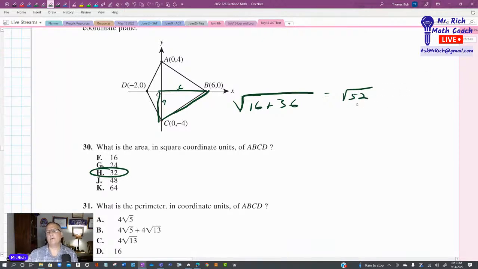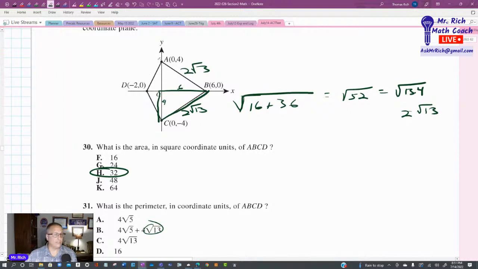And what is that? That's going to be 13 times 4, right? So that's 2 root 13. That's what this is. So that's going to be 2 root 13.